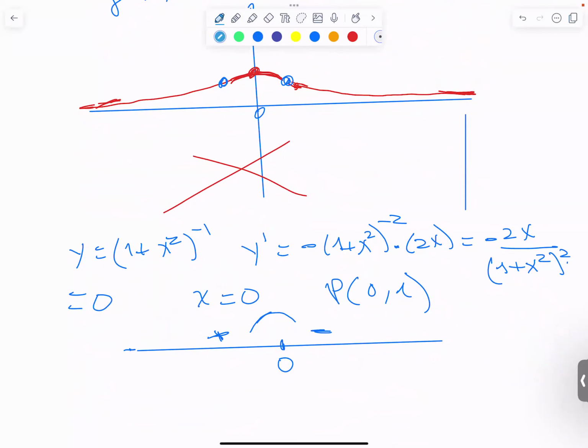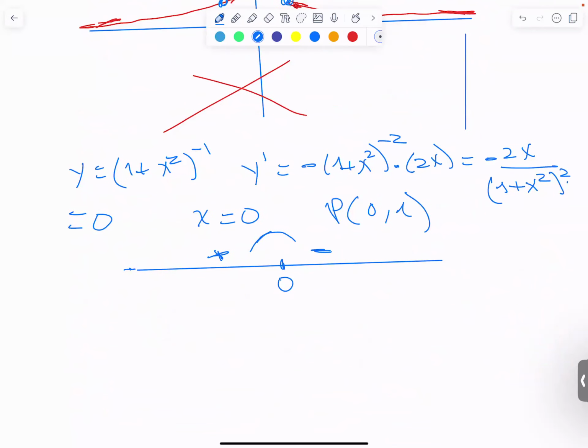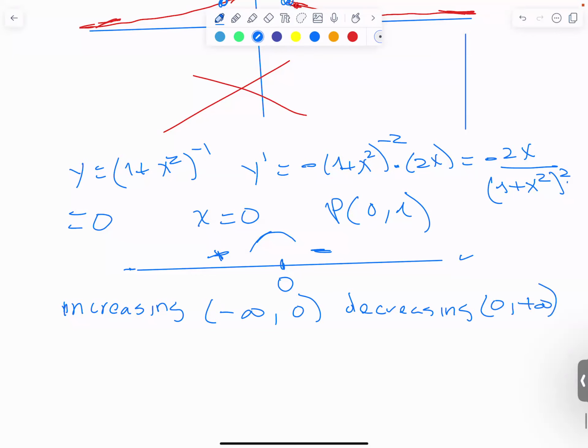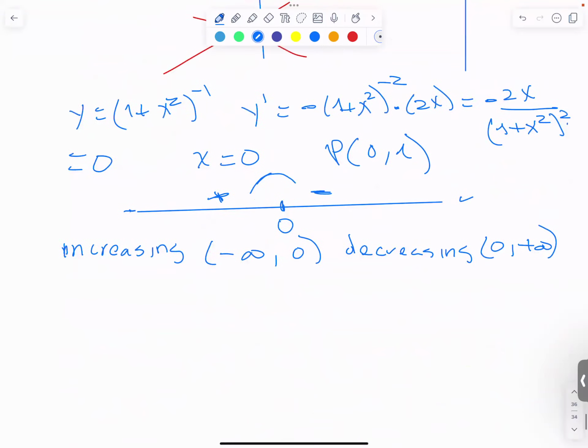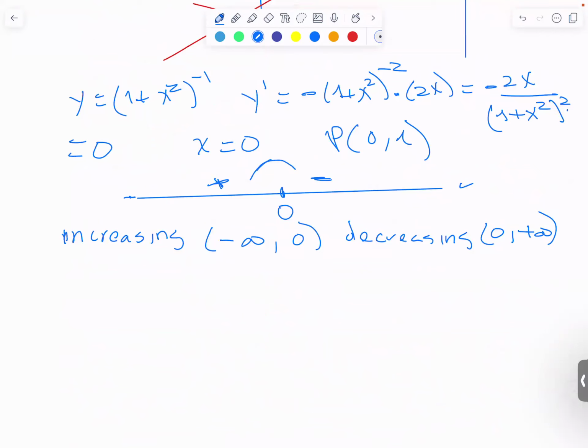By the line test, we can see that the function is increasing from negative infinity to 0 and decreasing from 0 to positive infinity. You see the graph increasing, the concavity changing to reach the maximum, and decreasing on the right side of the y-axis. Now let's do the second derivative.